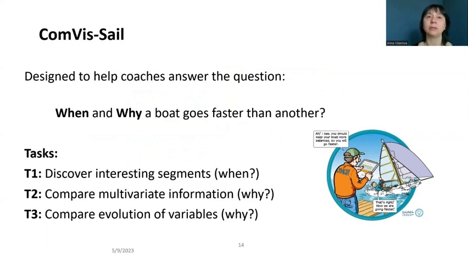One is discovering which segments are interesting, in which places of the lineup training session there were interesting events taking place. Then compare the variable information between themselves, and also compare the variable information through time between the boats.